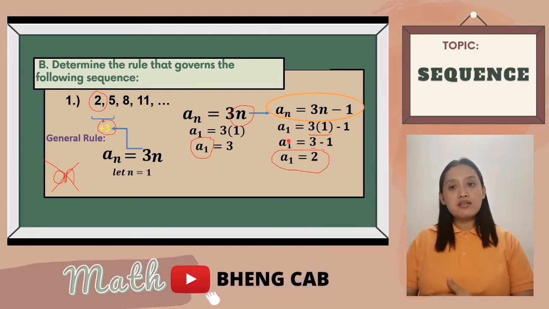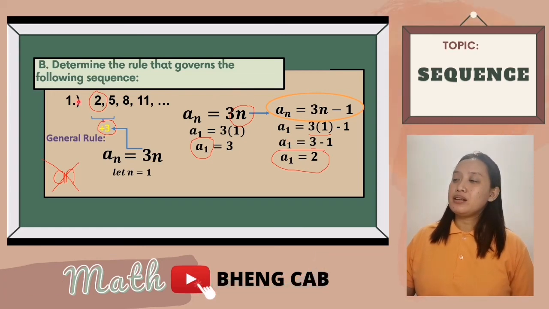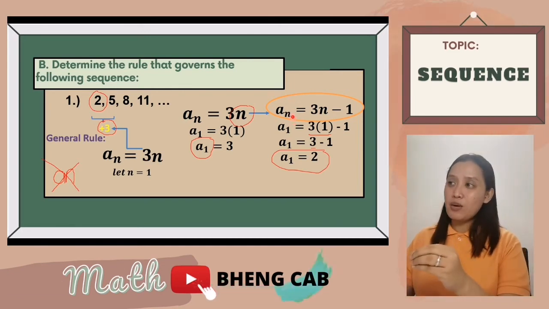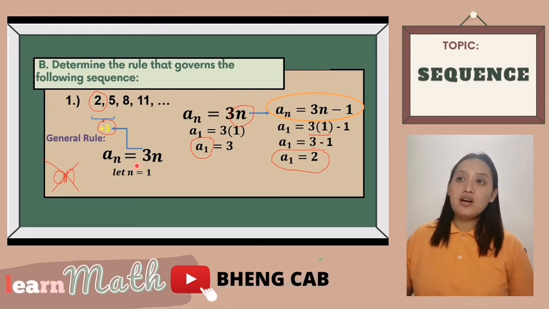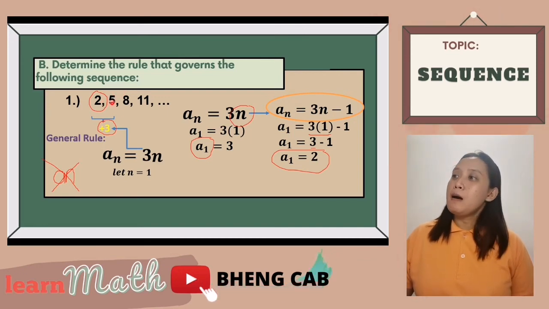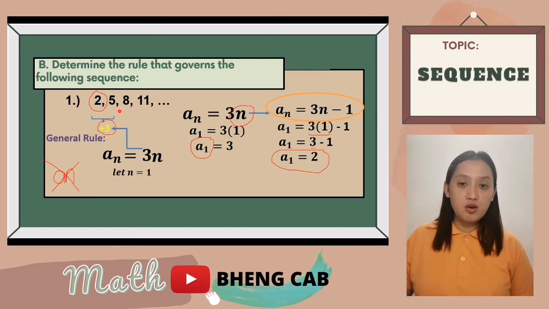Pero para mas makasigurado ka, we will try this general rule or this equation by substituting n equals 2 for second term. Dapat 5 yung makuha natin. Mag-substitute tayo ng a sub n where n equals to 3 or third term. Dapat 8 yung makuha natin.